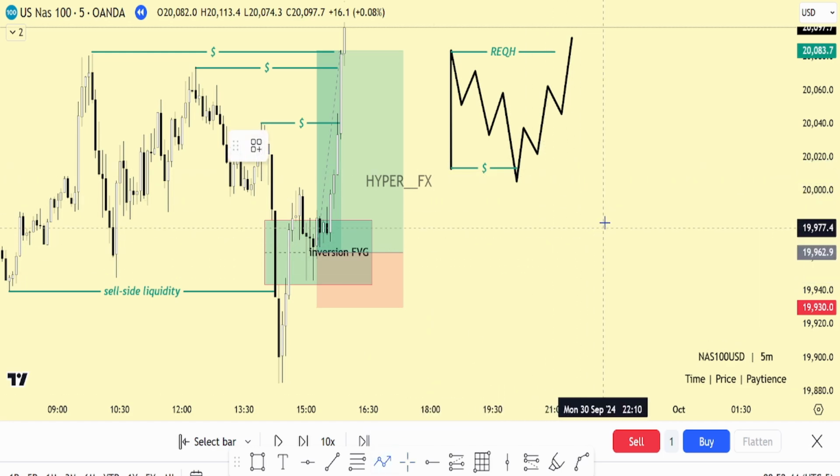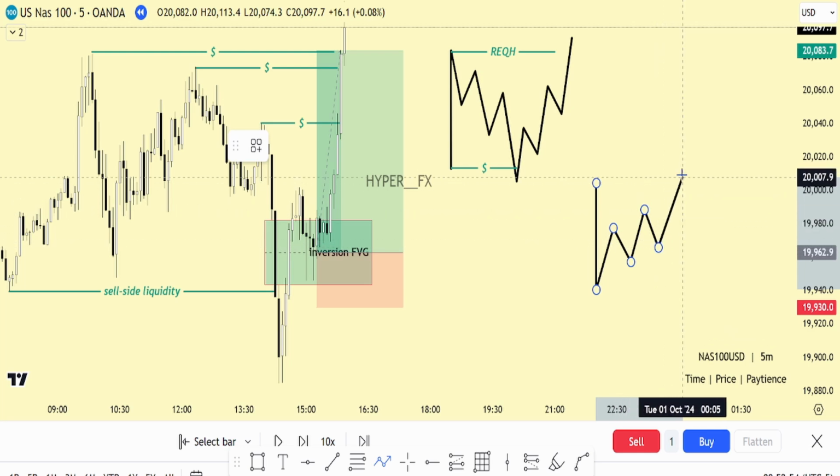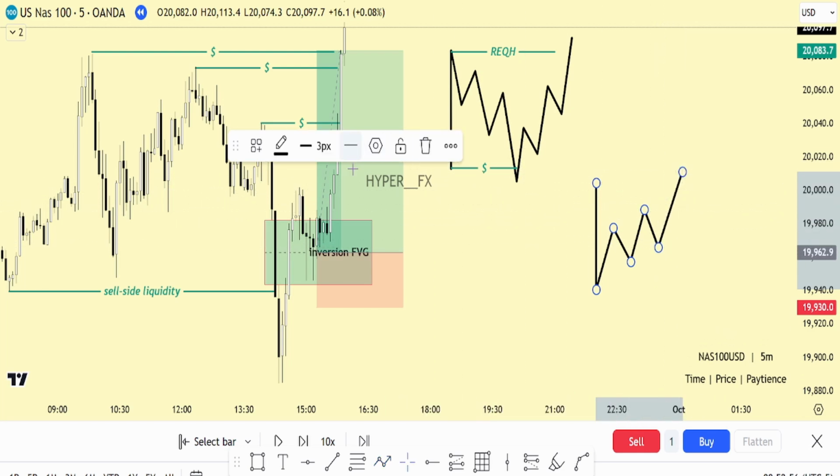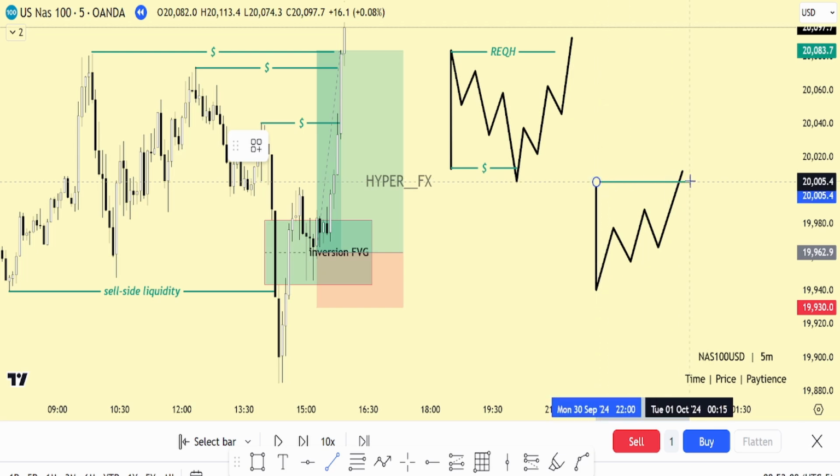And for a relative equal low, we have something like this one.